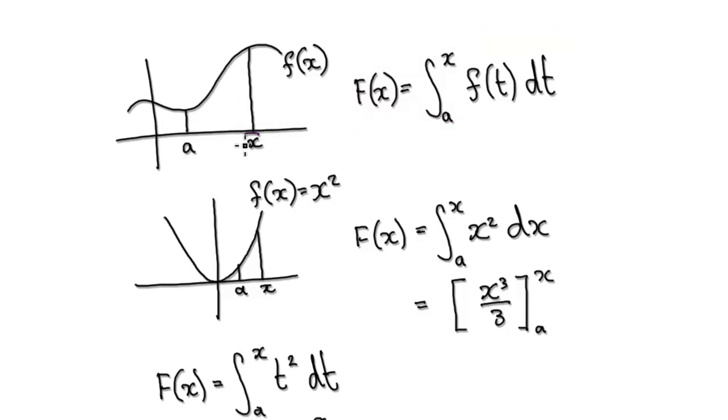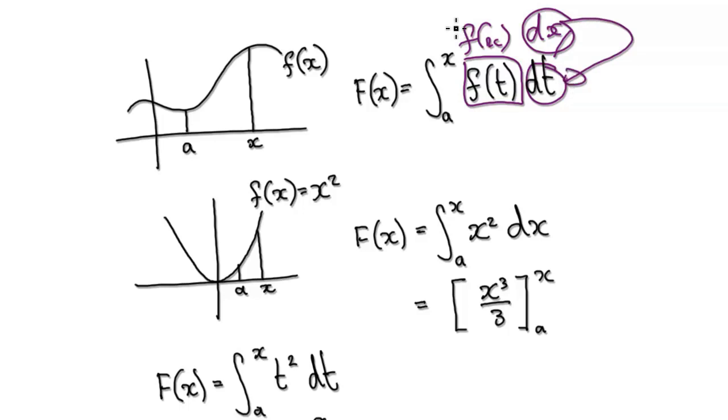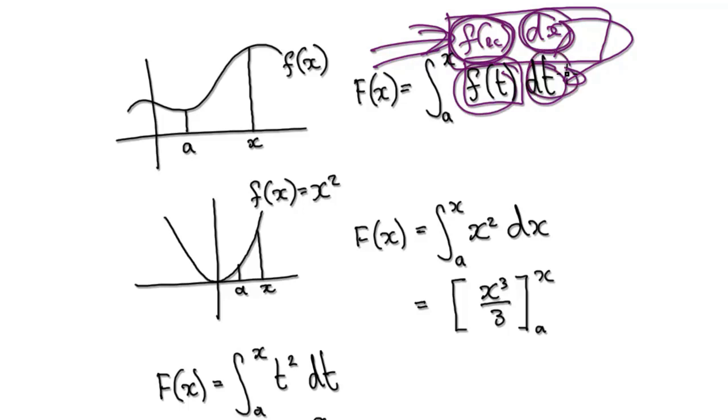But the problem is that this x clashes with this x. So you would change f of x to f of t, and change dx to dt. Back then you never really understood why you need to change f of x to f of t and dx to dt.